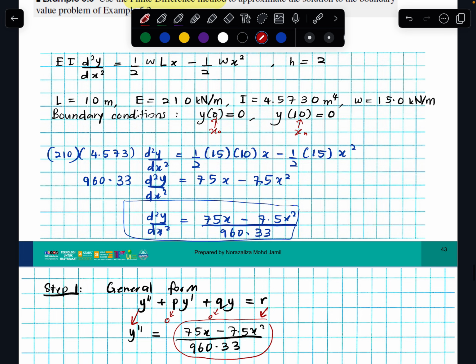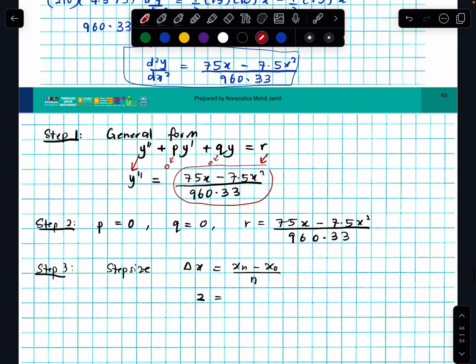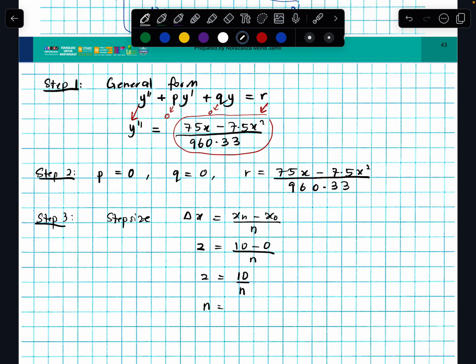So xn is 10, x0 is 0. So here 2 equal to 10 over n, and you can calculate n, 10 over 2, which is 5. So now we know that we have 5 sub-intervals.